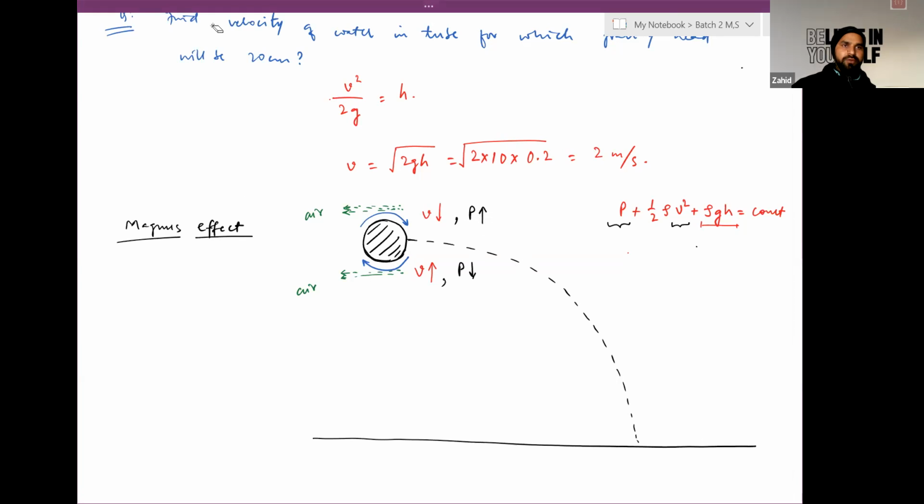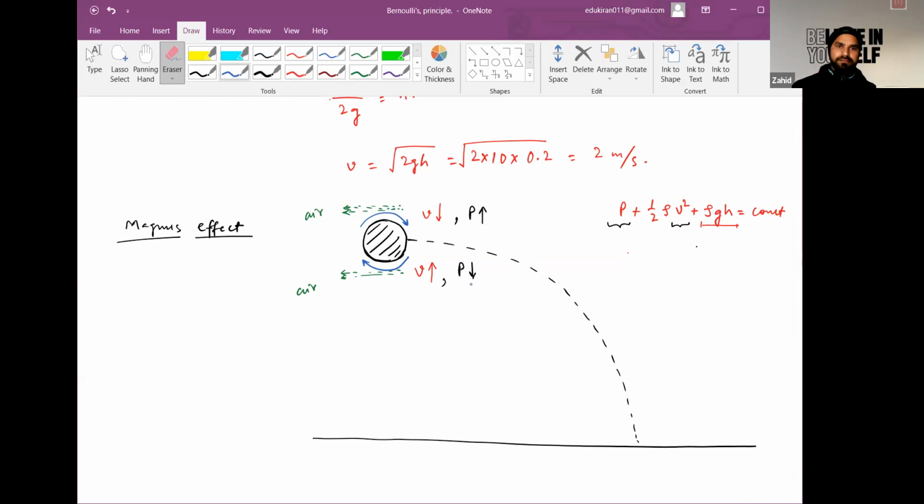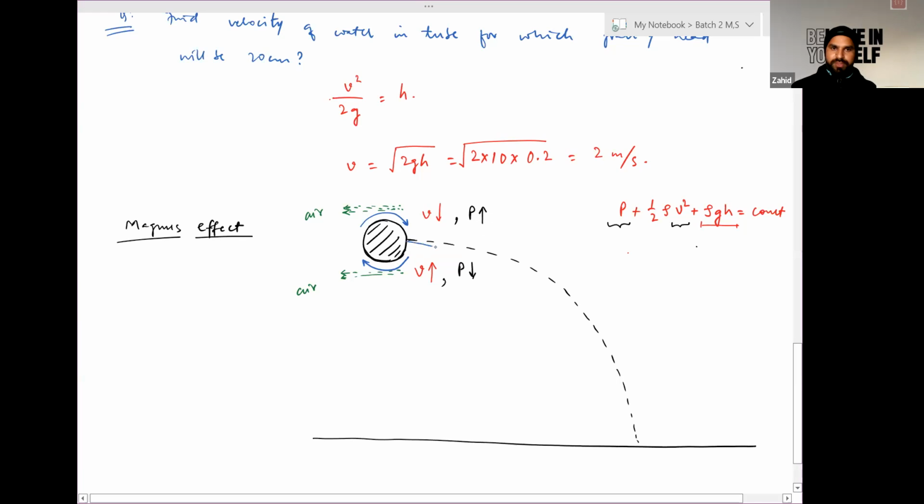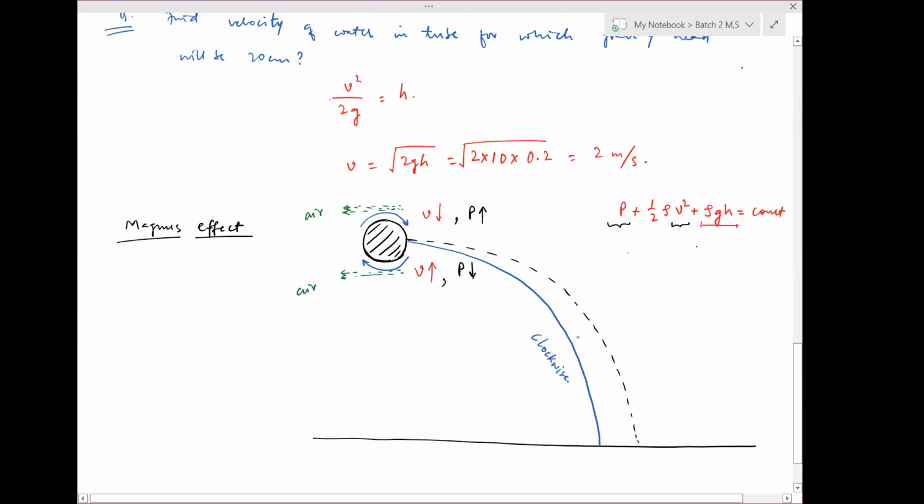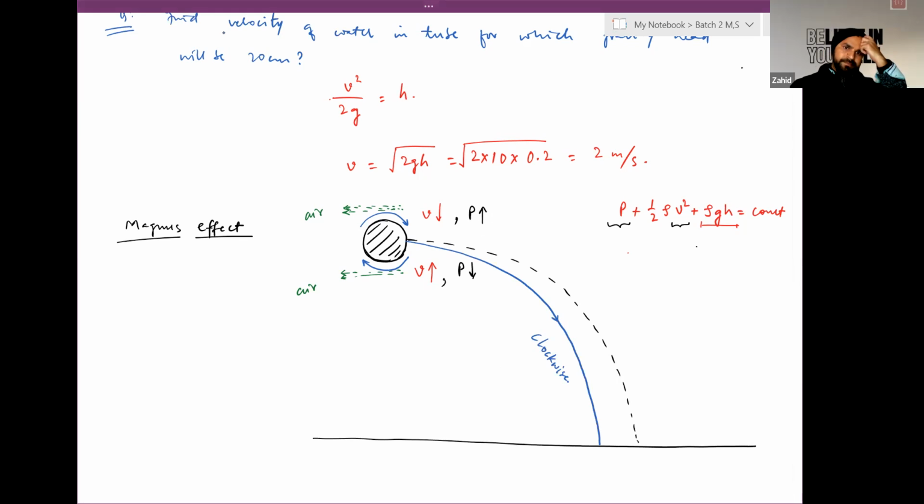So it may follow this trajectory to hit the ground at this point. So this will be when clockwise spinning. Is it clear? Yes, sir. Aisha, any doubt? No, sir.